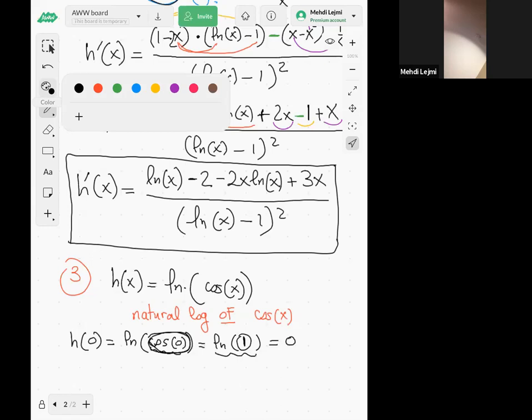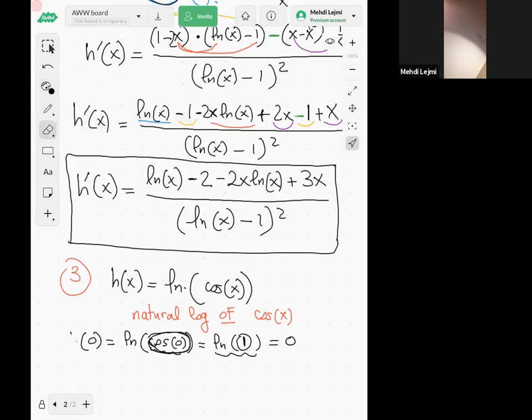It's f of g, so it's not a product. Let me just erase this. When we say composition, we say, of course, the chain rule.